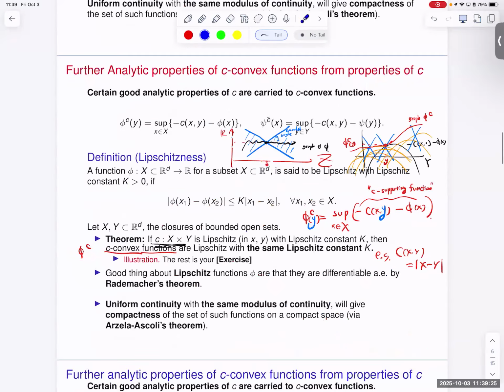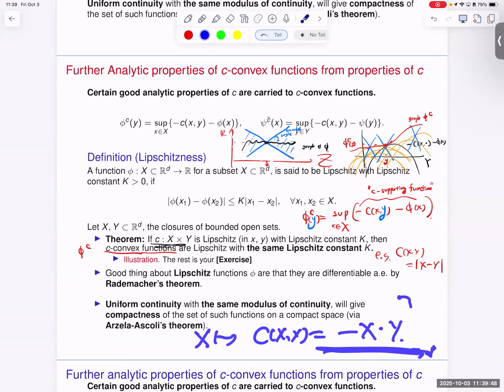And back to Lipschitzness, if we consider just the convex function case, when c(x,y) was just negative x dot y, then as a function of either x or y, this is not necessarily Lipschitz. As a function of x, this function has slope negative y, right? But if, for example, you are in R^n, negative y can be very large. So this function may not be Lipschitz. For each given y it is Lipschitz, just a linear function.